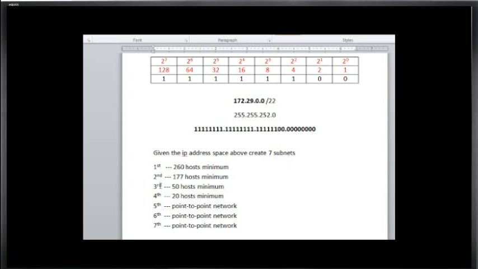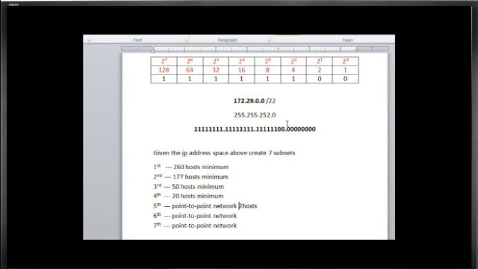And for each subnet, here are the requirements. The first subnet needs 260 hosts, the second 177 hosts, 50 hosts, 20 hosts, and then the last 3 subnets are point-to-point networks, meaning we're only going to need 2 hosts. If they say that, you're only going to need 2 hosts in each one of these.